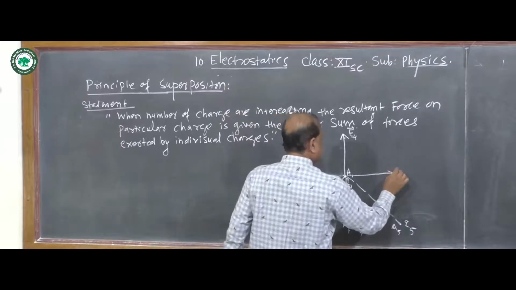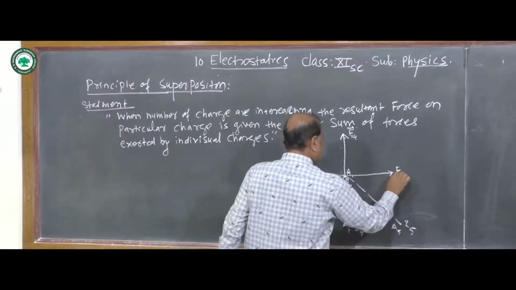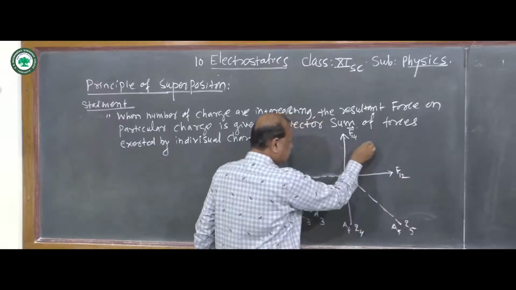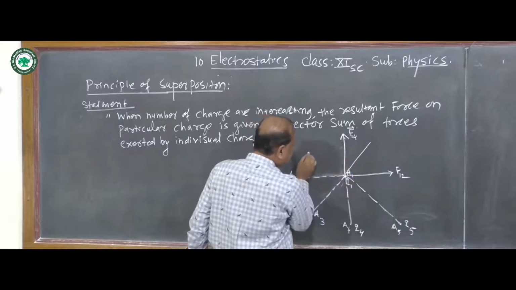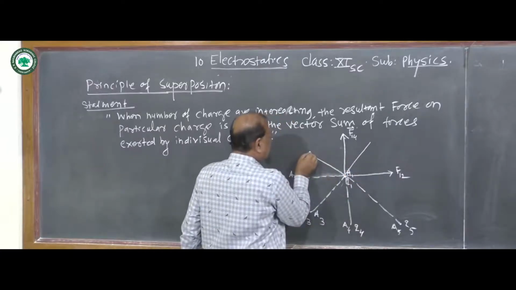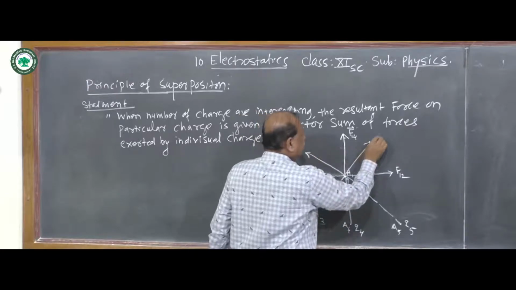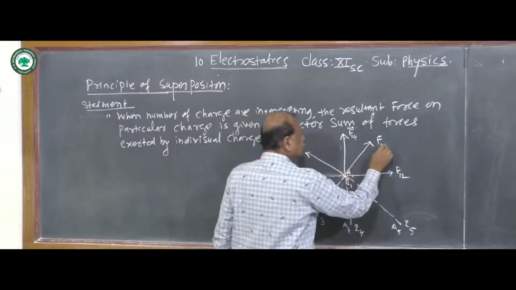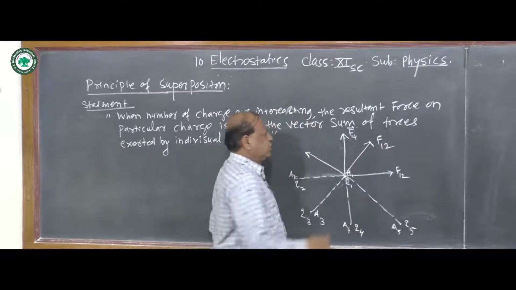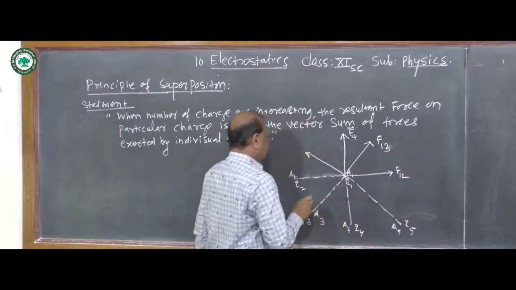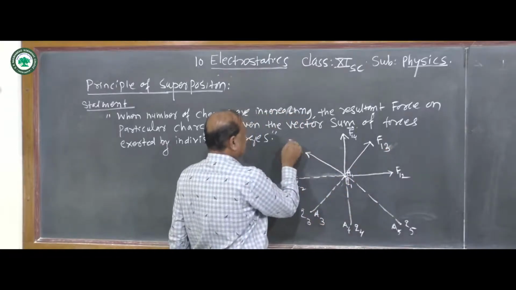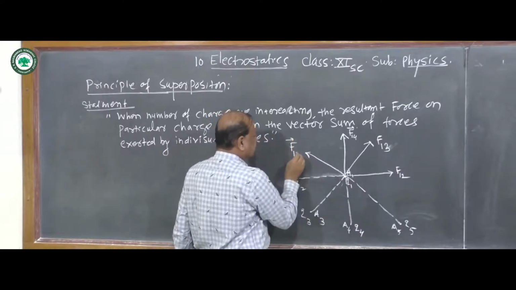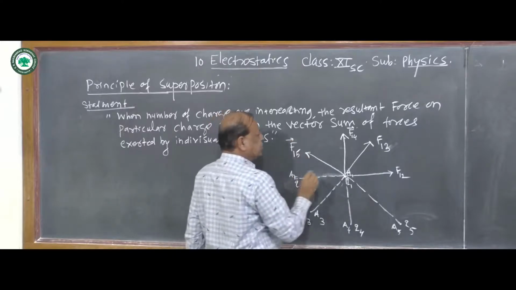Now here is the force F12. Here we draw these forces: this force on this first charge due to charge Q3, and a force on this first charge due to this charge Q5.